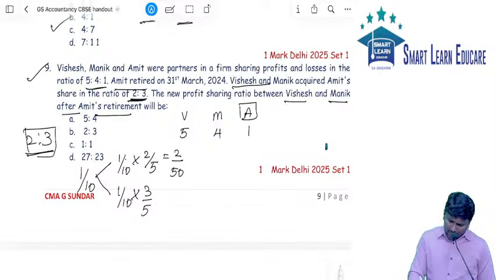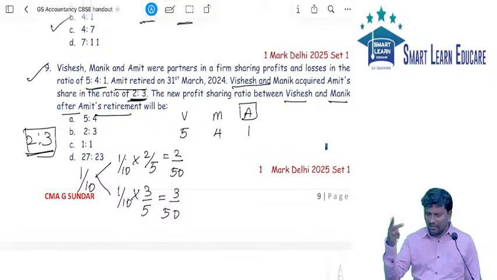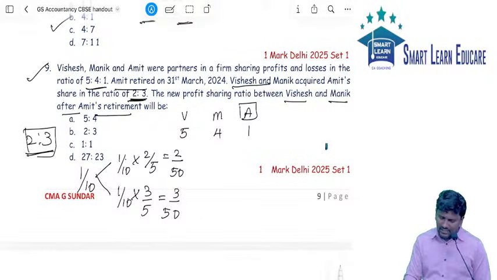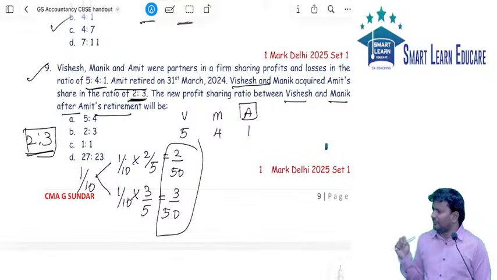Same way, for partner M, 1/10 into 3/5 will give you 3/50. Add both. 2/50 plus 3/50 will give you 5/50.